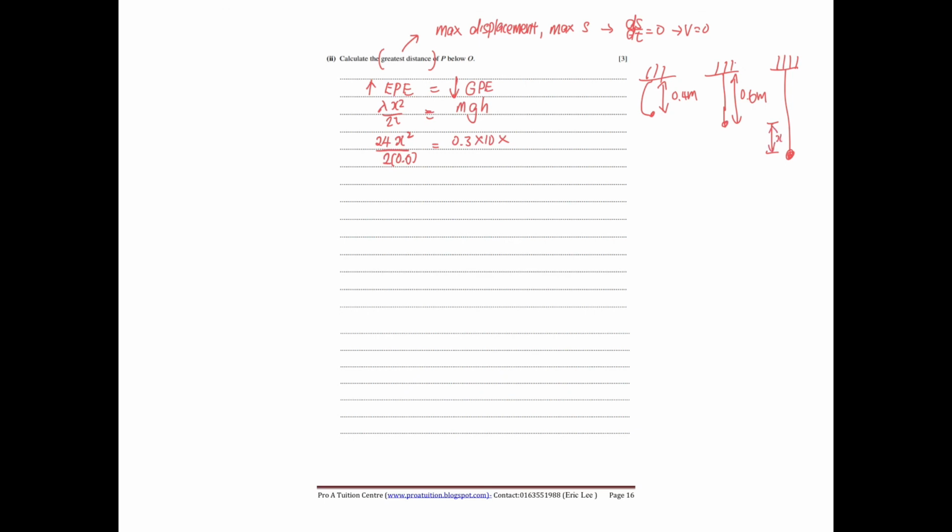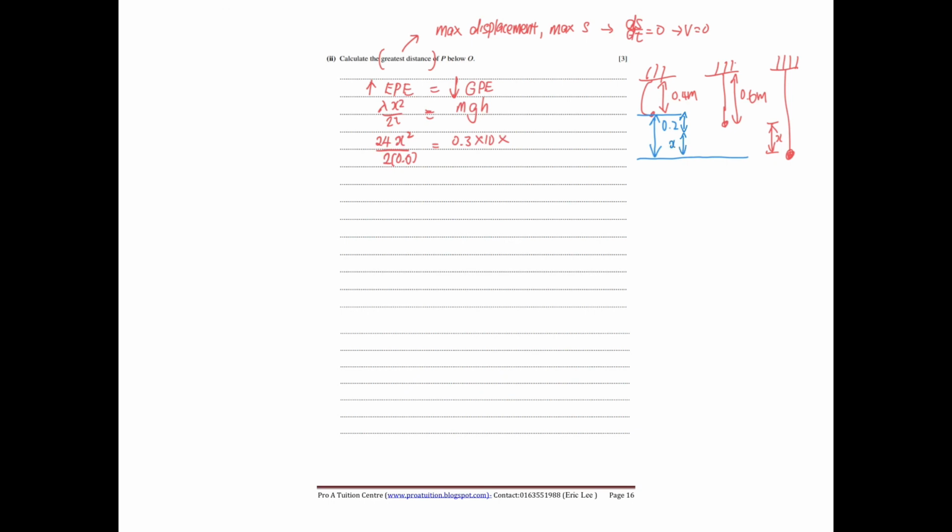The change in height is from this level to this level, which is 0.2, as we get 0.2 by using 0.6 minus 0.4. 0.2 is here to here, and then here to here is x.